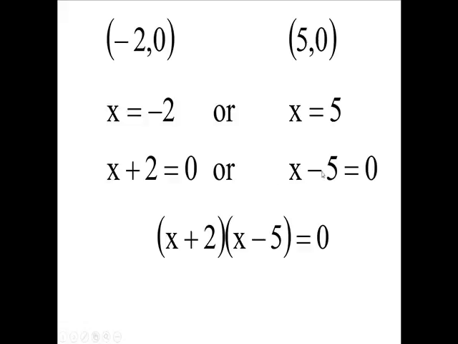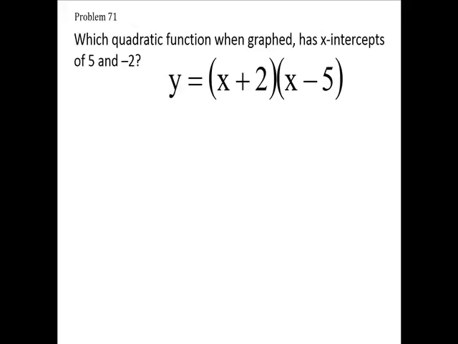Or if x minus 5 equals 0, then this is 0, and whatever this is times 0 equals 0. So we can combine these two and make one equation out of it, and we're going to say y equals this. Here is my equation now. It goes with those intercepts.